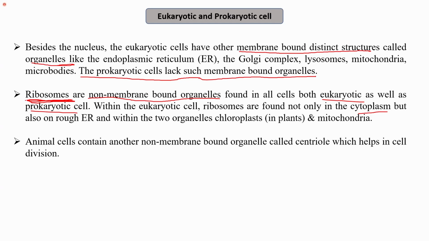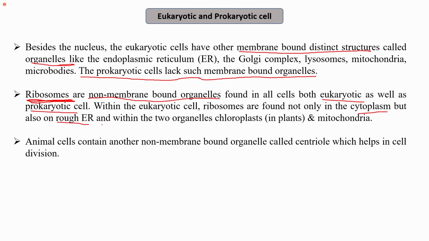But in the eukaryotic cells, ribosomes are not found only in the cytoplasm, but also on the rough endoplasmic reticulum, and within the chloroplast and mitochondria as well.